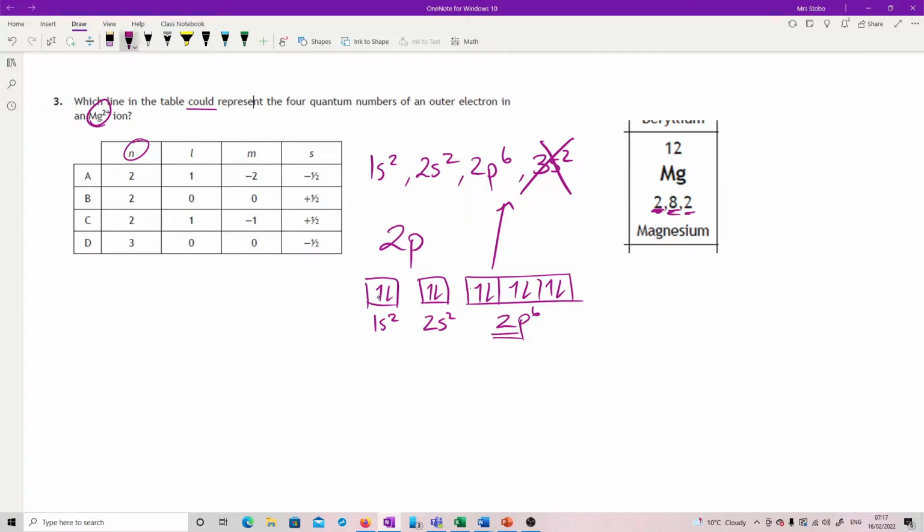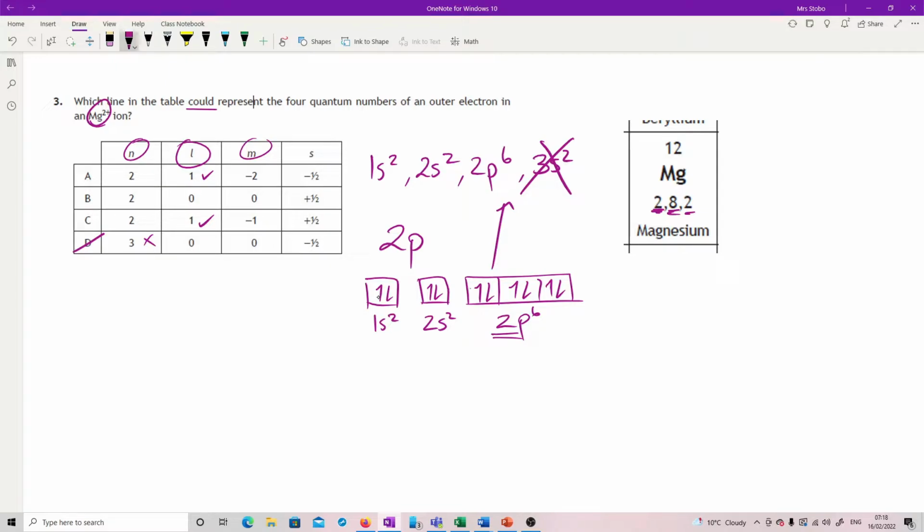Our outer electrons are in energy level 2, so I'm going to get rid of D straight away. Then we're looking for our shape, and it's in the p orbital, so it's a 1. 0 would have been your s. And then we're looking for our orientation.